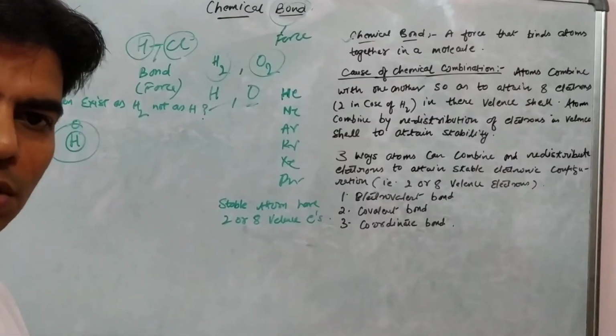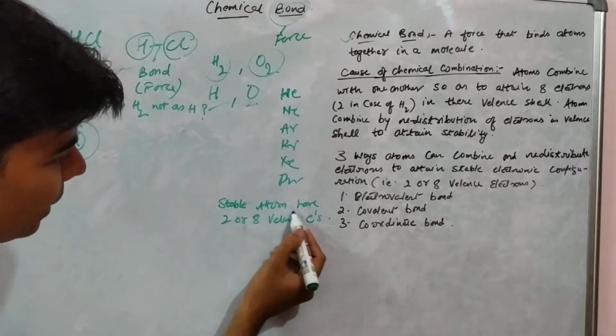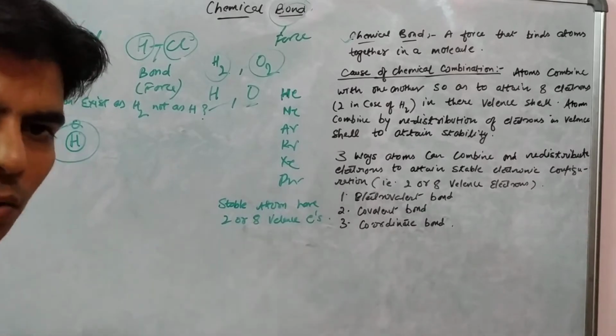We know valence electrons are electrons that are present in the outermost shell. So stable atoms have 2 or 8 electrons in their outermost shell.